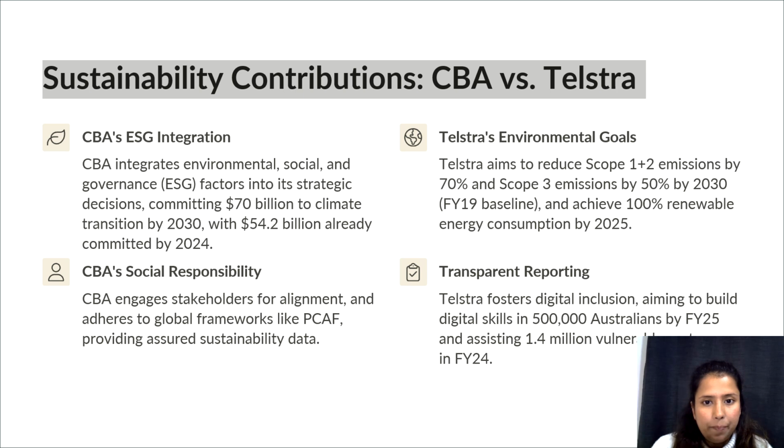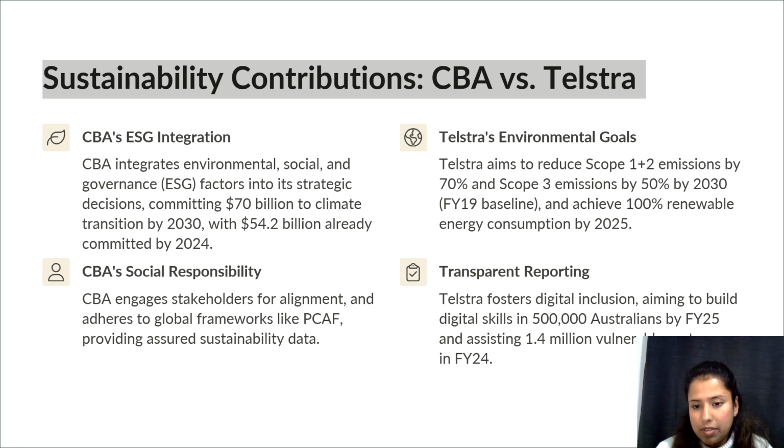On the other hand, Telstra's environmental goal aims to reduce Scope 1 plus 2 emissions by 70% and Scope 3 emissions by 50% by the year 2030. It also aims to achieve 100% renewable energy consumption by the year 2025.